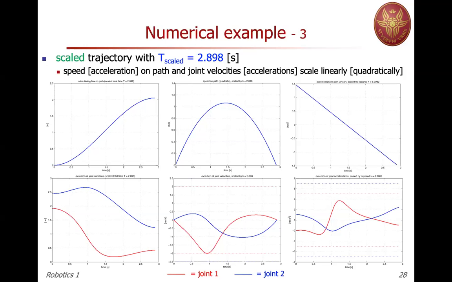While if you look at the joint profile of velocities, you can see that the joint velocity 1, at the instant where it was the most violating one, now it's touching its boundary. At all the other instants, that velocity and the velocity of the other joint satisfy the bound.